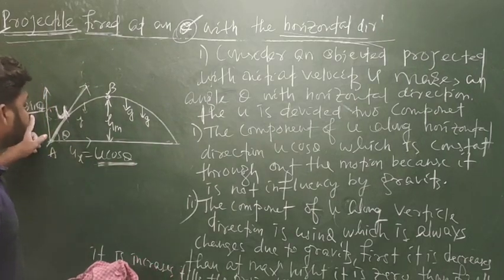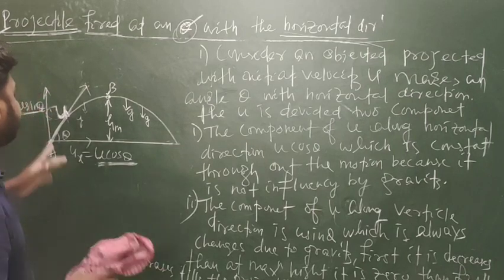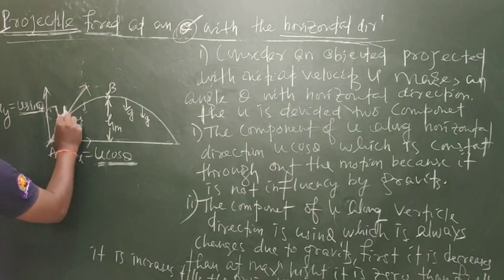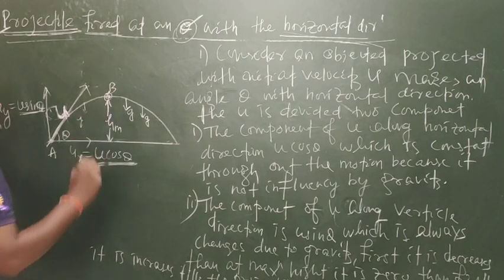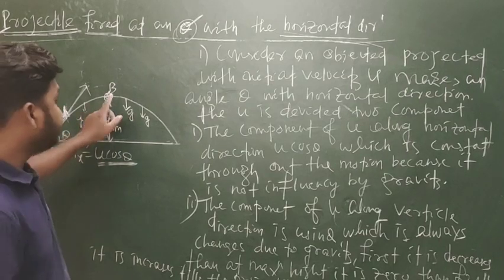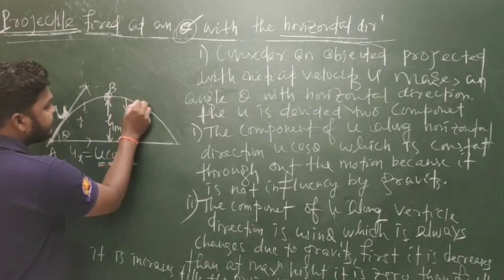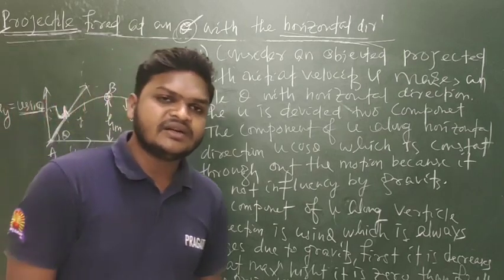So its value always changes. When we project, the vertical velocity first decreases; at the highest point the vertical velocity is 0. Then the vertical velocity increases till the projectile hits the ground.